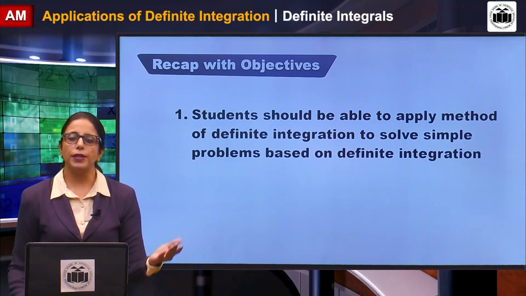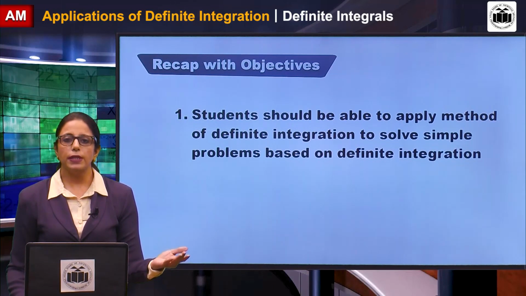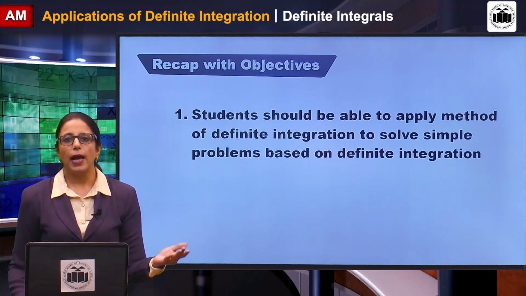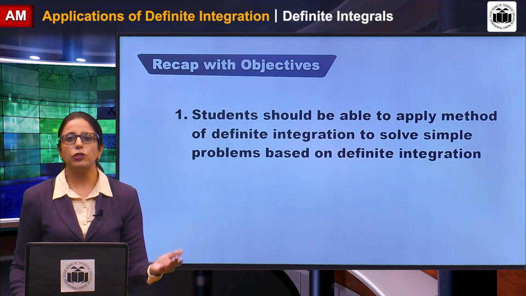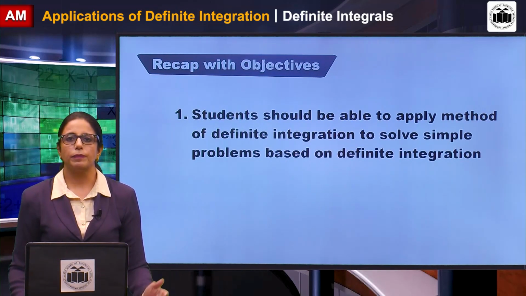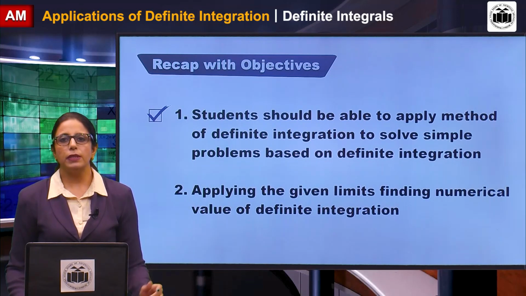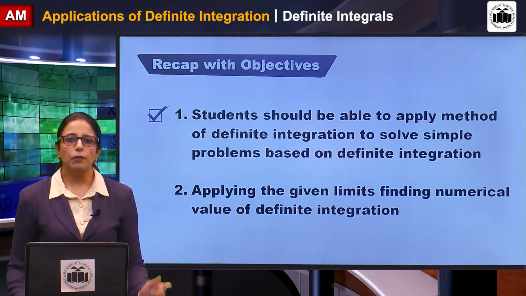That is, we have integrated the given integral, and after that we have applied the limits to find a certain value. Applying the given limits, we found a numerical value of the definite integration. So we have covered both the objectives in the problems that we solved earlier.